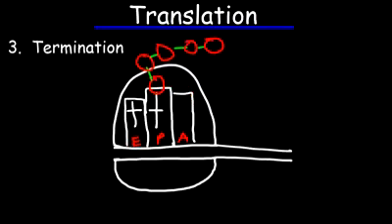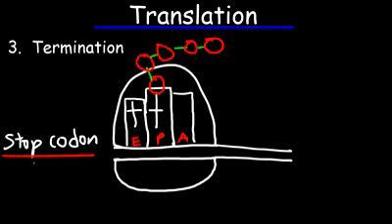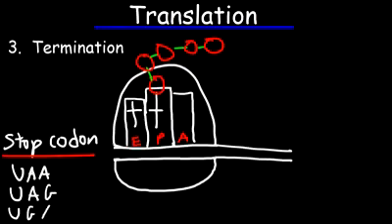The last step of translation, the termination step, begins when a stop codon is read. Now there are 3 stop codons that you need to be familiar with. The first one is UAA, and then the second one is UAG, and the third one is UGA.